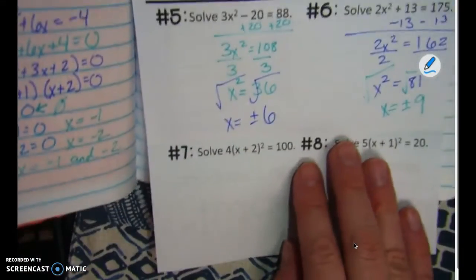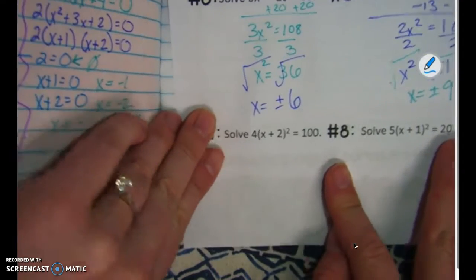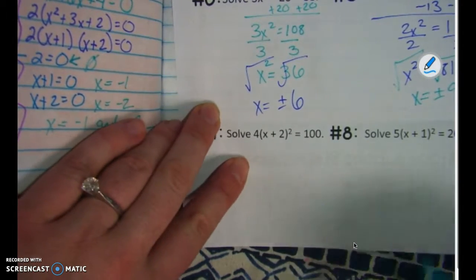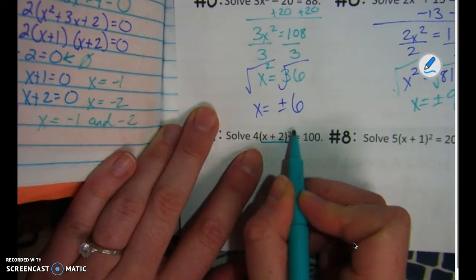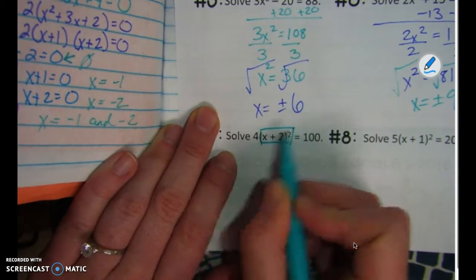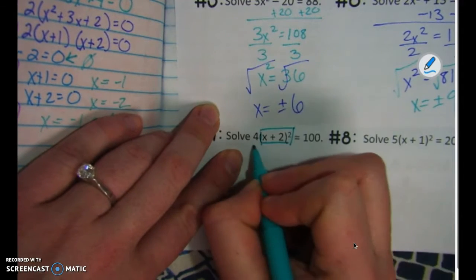The next two are a little bit more of our special cases. We have to solve a little bit deeper with these. So how do you think I want to isolate this whole parentheses? How do I tell this 4 to go onto the other side? Divide by 4.